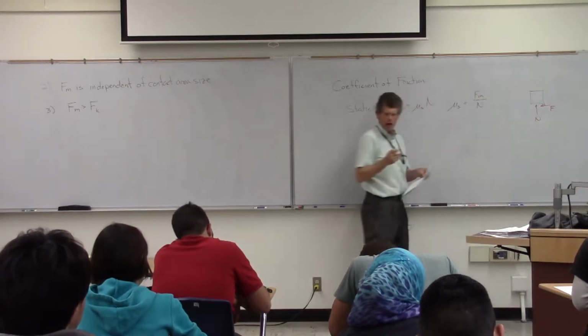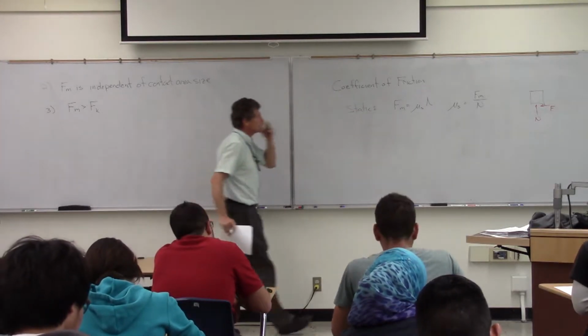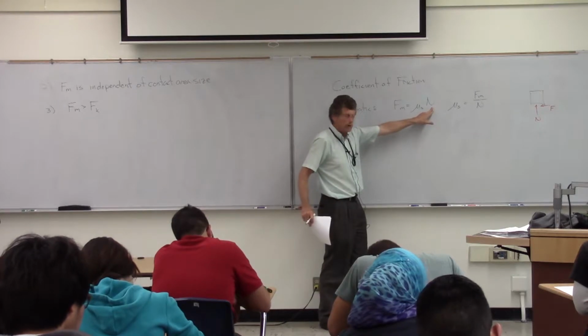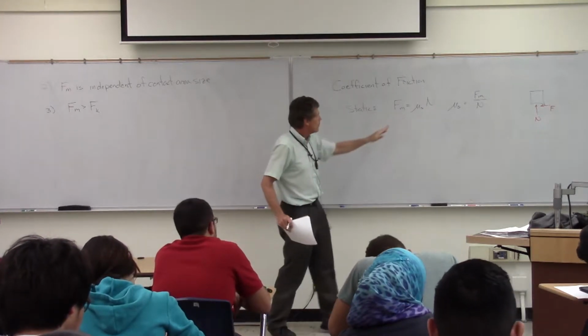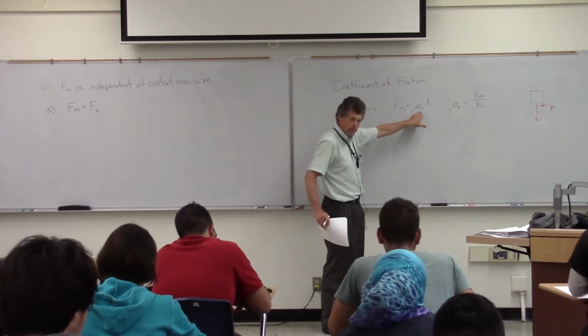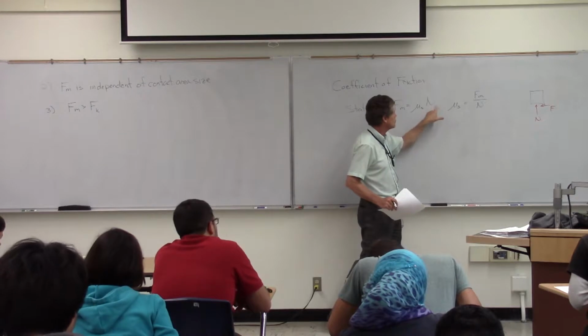So think of a French cow or something, mu. So it's mu of s times that normal force. Remember we said friction is a function of that normal force.